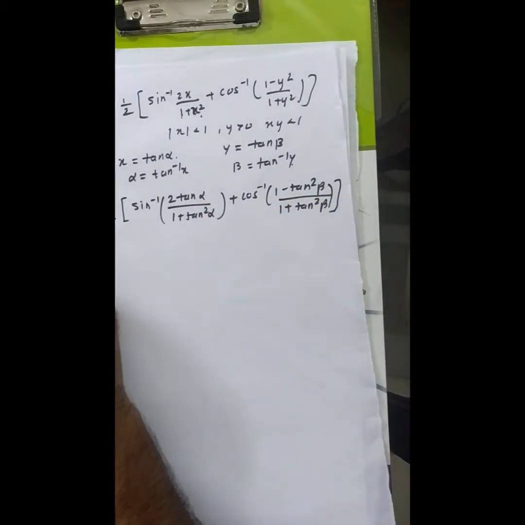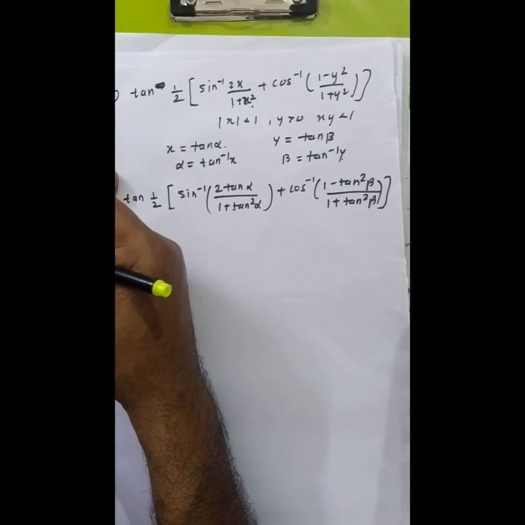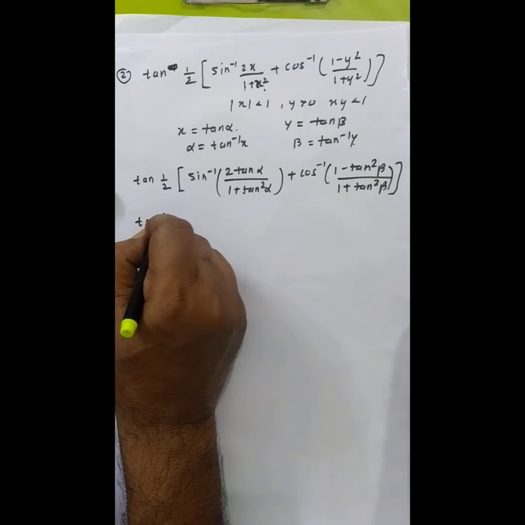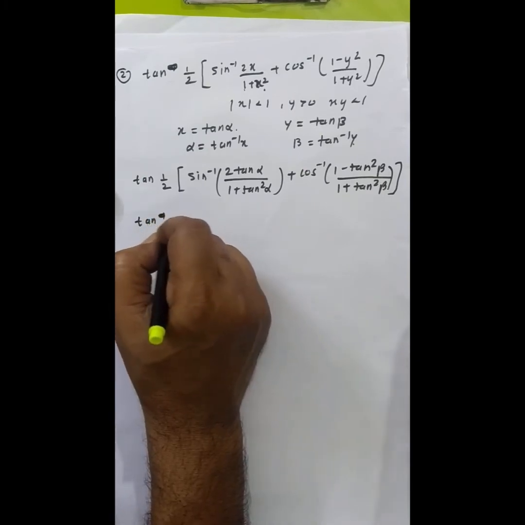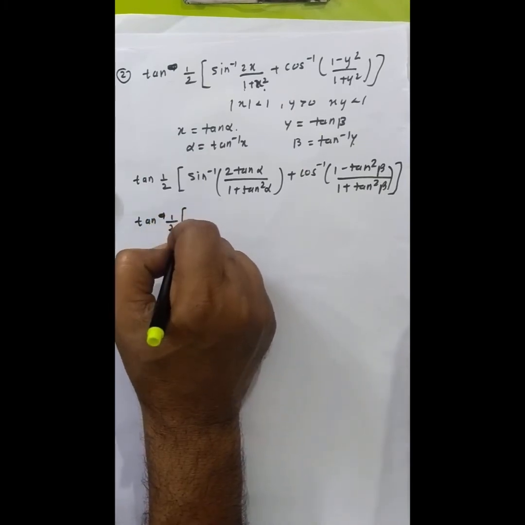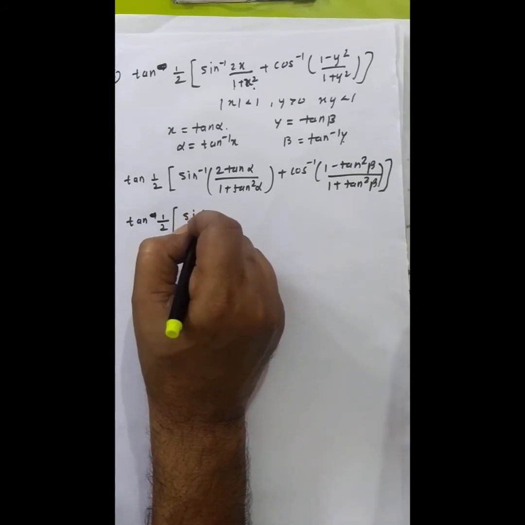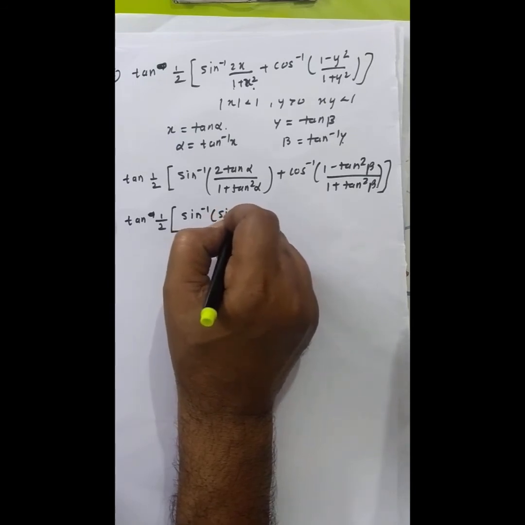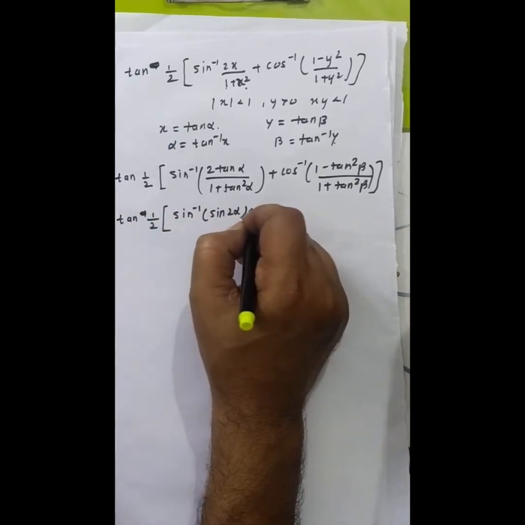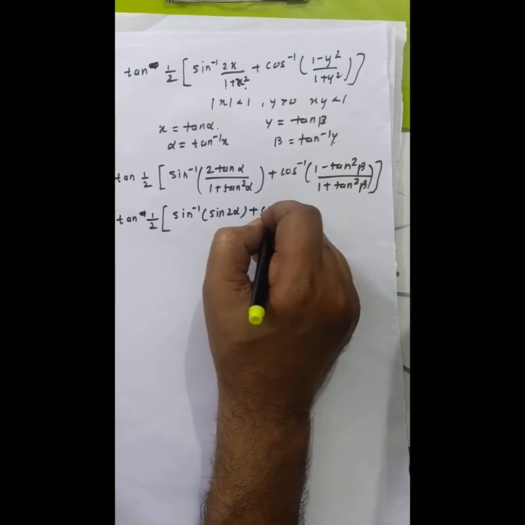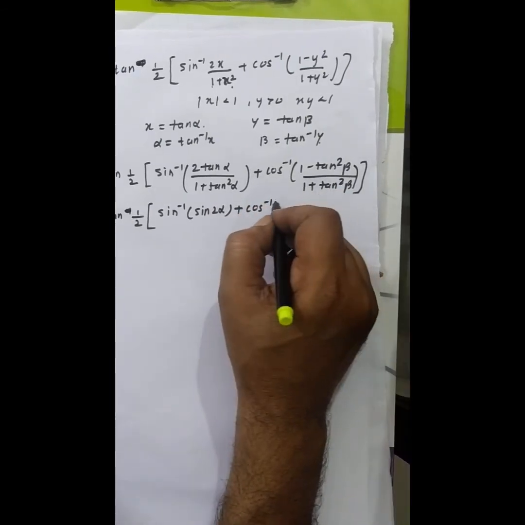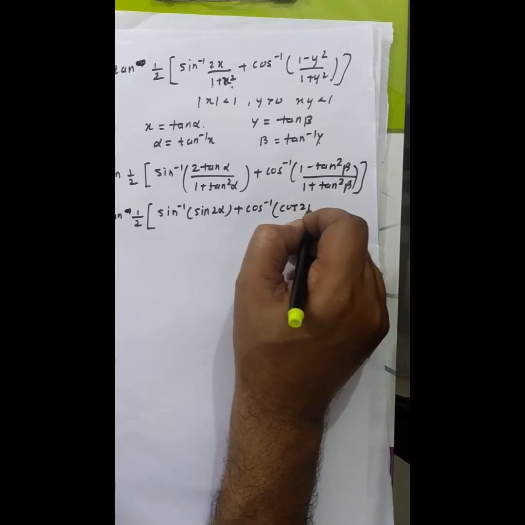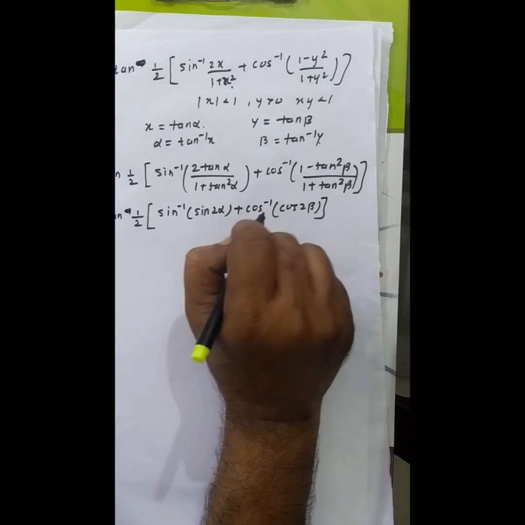Here 2 tan alpha upon 1 plus tan square alpha is the expansion of sine 2 alpha, and 1 minus tan square beta upon 1 plus tan square beta is again the expansion of cos 2 beta.